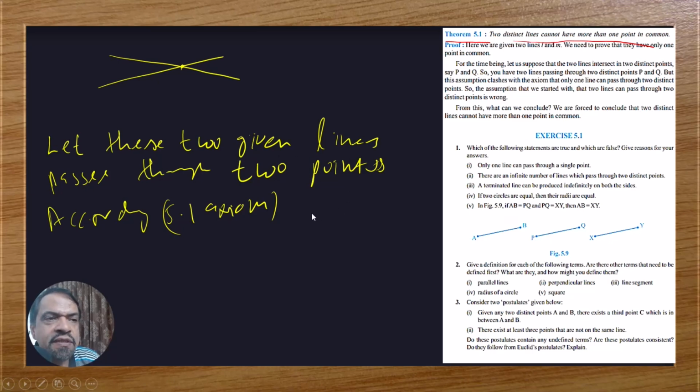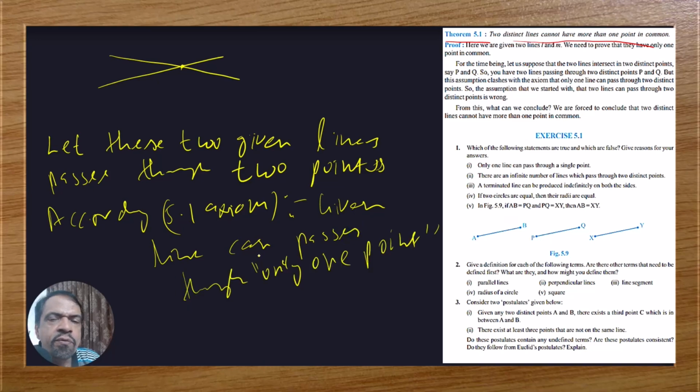बट 2 पॉइंट से अकॉर्डिंग टू ऑक्सियम 5.1 क्या दिया है, थ्रू गिवन लाइन कैन पास थ्रू ओनली 1 पॉइंट, और यहाँ हम बोले कि 2 पॉइंट से 2 लाइन निकल सकती हैं. सो दिस स्टेटमेंट 5.1 ऑक्सियम कॉन्ट्रडिक्ट दिस स्टेटमेंट, ये इसको गलत साबित करता है. सो देयरफॉर our assumption is wrong.